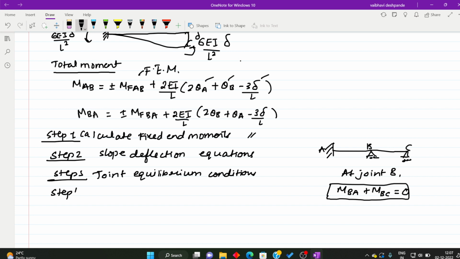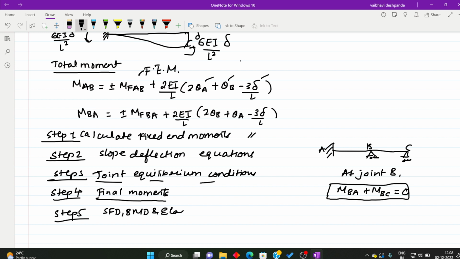Then in this step we will get the slope values or rotation values. Then the last step is final moments. You have to substitute those rotation values and find the final moments. Here we will be getting all the slope deflection equations, that is moment equations. Once you get rotation values, substitute and get the final moments. Then step 5, you have to draw the shear force diagram, bending moment diagram and elastic curve.